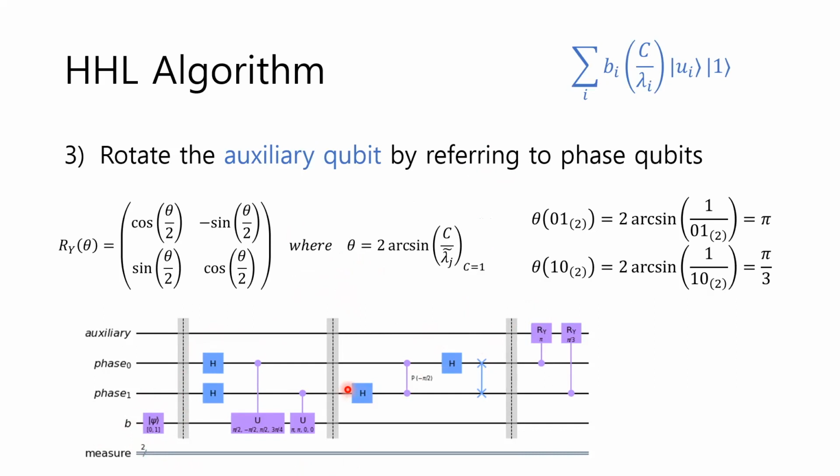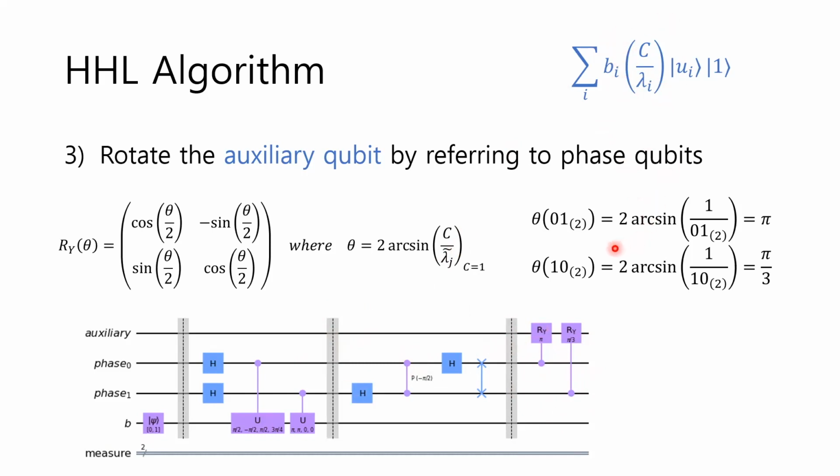The eigenvalues will be encoded on two phase qubits in binary. So all we can do is read the binary values on these phase qubits and rotate the ancillary qubit so that it induces the inverse of lambda. It will induce the amplitude to C over lambda here.